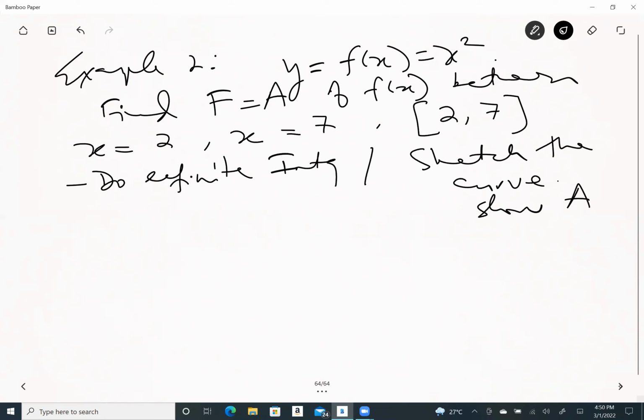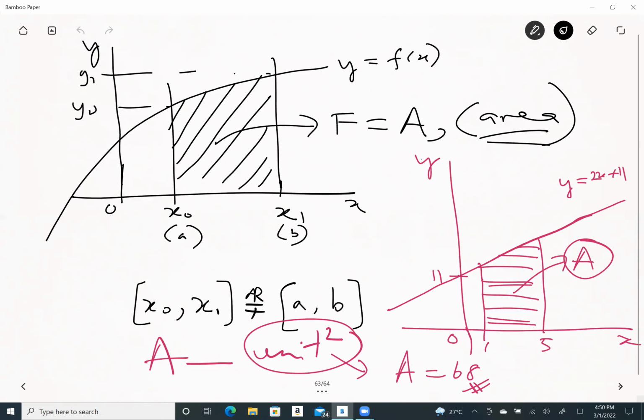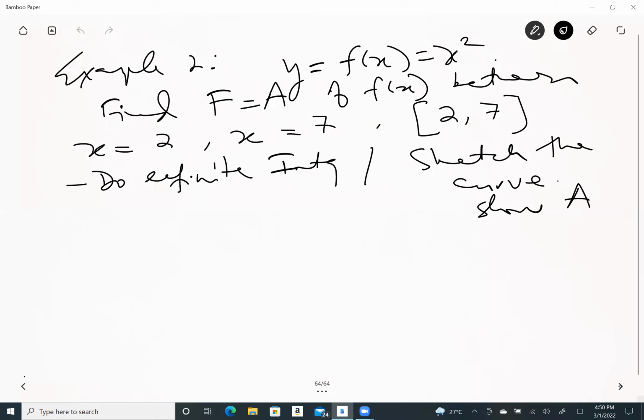Sketch like this. You don't have to draw. You just give me how the curve looks like. For the earlier one it was a straight line, intercept 11. Similarly for this one, we have been doing this for the derivative. By now, you should know how the curve x squared looks like.